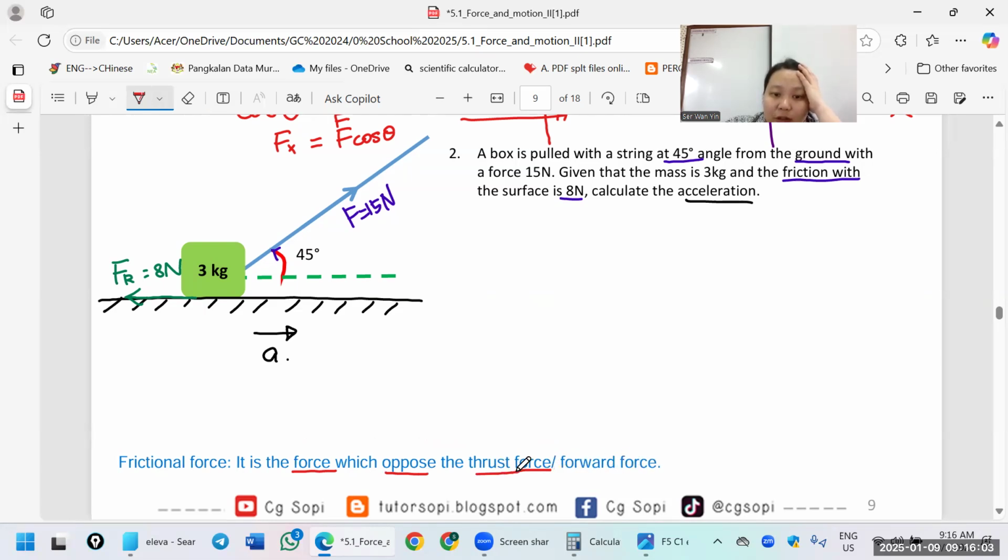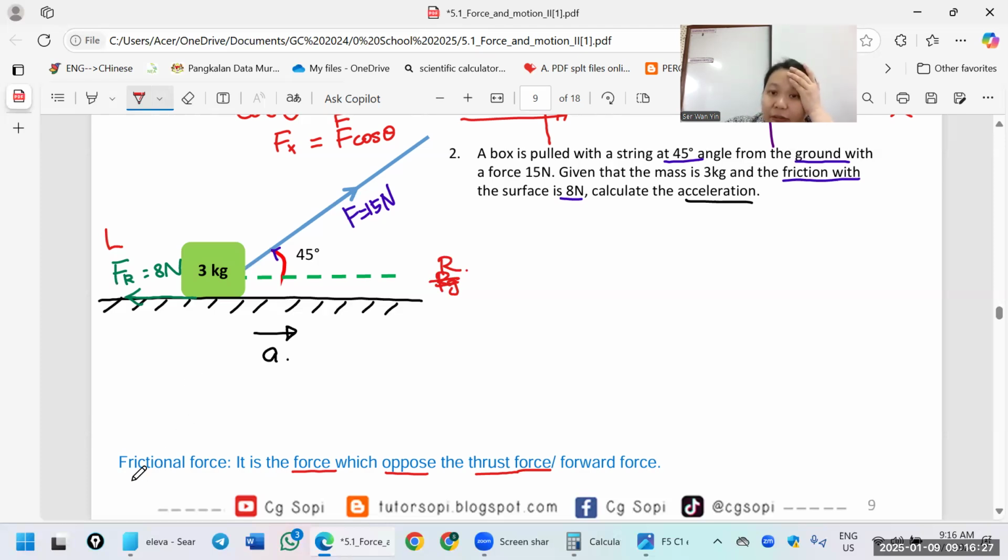So if you say thrust force or forward force, no matter where it goes, when it goes to the right, your frictional force always goes to the left. And actually, all of them can be called drag force.